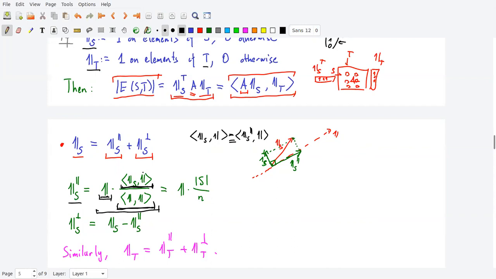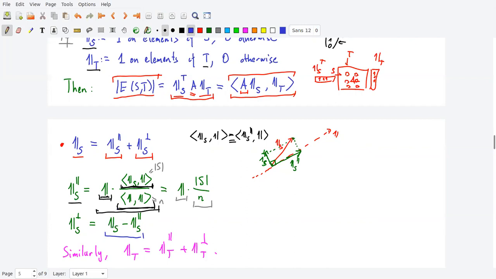Yeah. So now, what is actually this animal? 1 on S cross product 1. Well, I just sum up the entries in 1S, so I get simply the size of S, because that many ones there are in this vector. And if I take a cross product of 1 with itself, I get N, right? So this is just the vector of all ones multiplied by the coefficient size of S over N. And the parallel part, well, it's simple now.